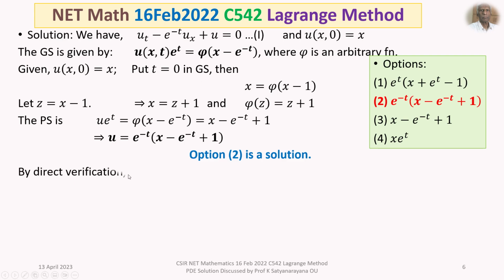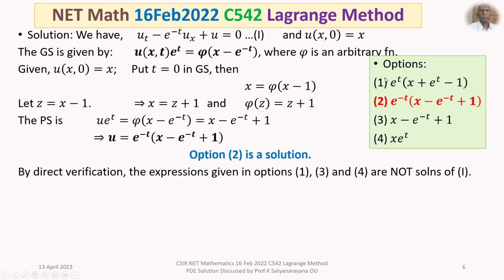By direct verification, the expressions given in 1, 3, 4 are not solutions of 1. This is left to you. You calculate the partial derivatives and substitute in the differential equation, and 1, 3, 4 are not satisfied. Therefore, they are not solutions of 1. Therefore, this is the only solution.